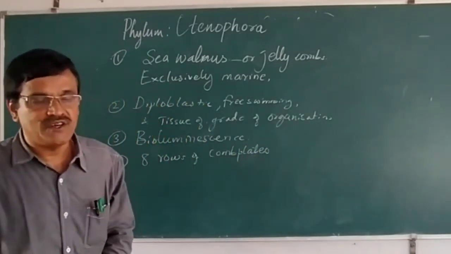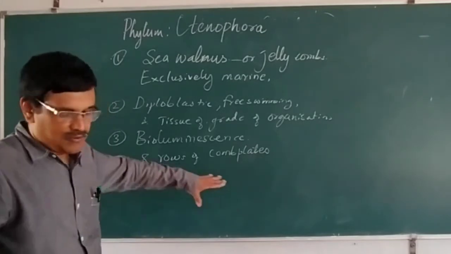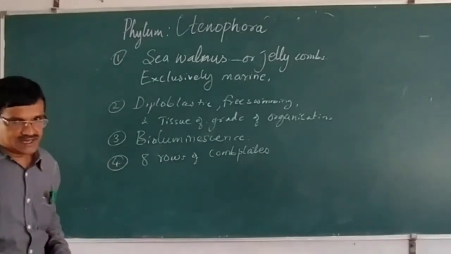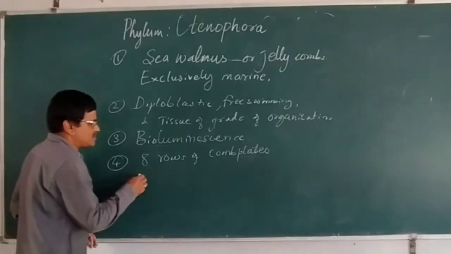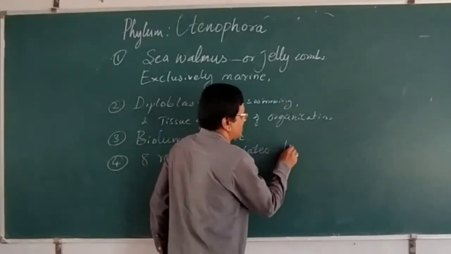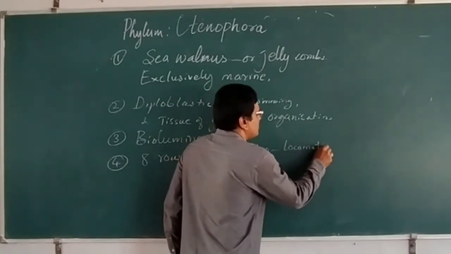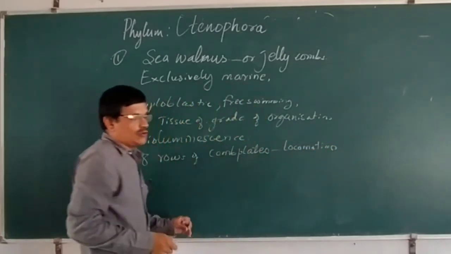This body bears 8 rows of comb plates, which help in locomotion. So comb plates are known as locomotory organs.